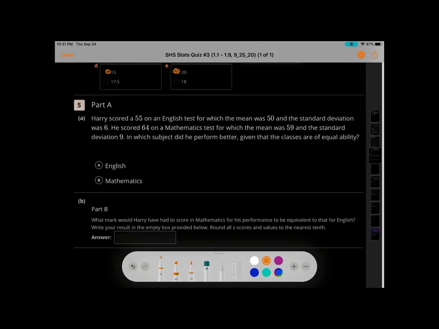5 on an English test for which the mean was 50. Okay, I'm going to underline this one. Mean. And the standard deviation was 6. Here's some good news.